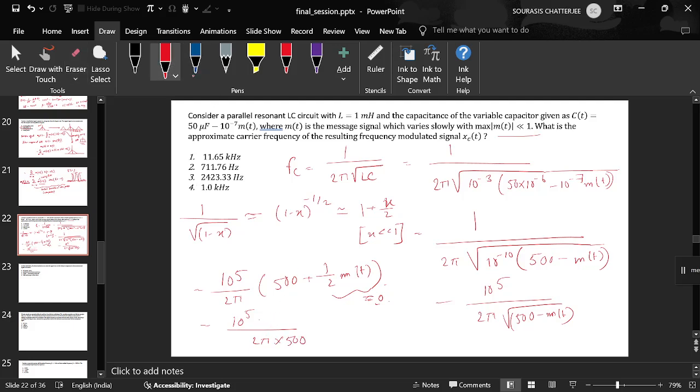500 is going to be here only, and I will have this square root of 500. I'll have 1 over 1000 here.